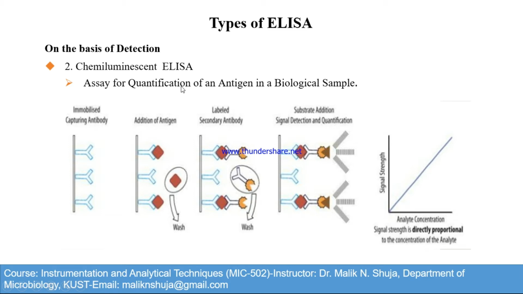The second type on the basis of detection is the chemiluminescent ELISA. This type of ELISA is basically used for the quantification of an antigen in a given sample.